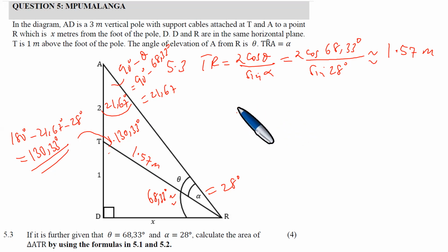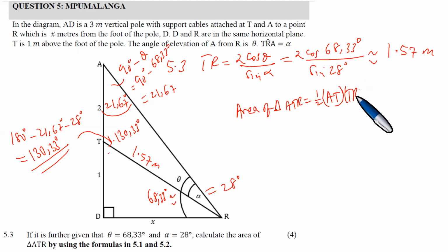In other words, the area of triangle ATR is half AT times TR, times the sine of the angle included, which is the sine of 130.33 degrees. Okay, so this is what we get.